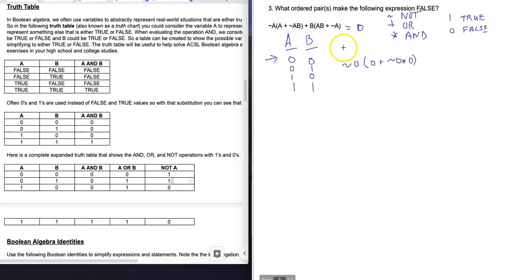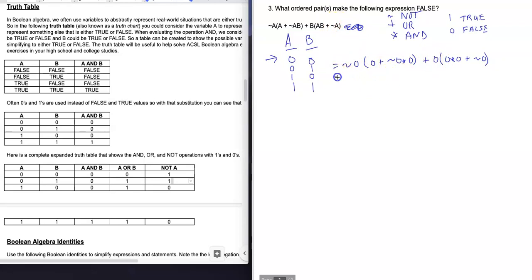And then that plus symbol followed by a 0 for that B. A times B would be 0 times 0 in that set of parentheses. That plus, of course, translates to a plus. And the not of A would be, I could write it as the not of 0, the not of false. Okay, so all of that expression is equal to this.